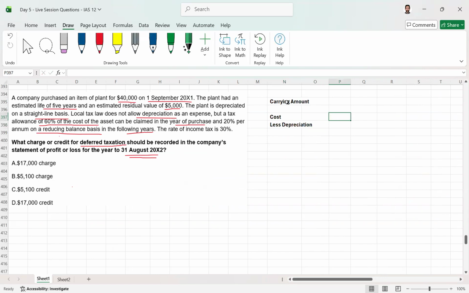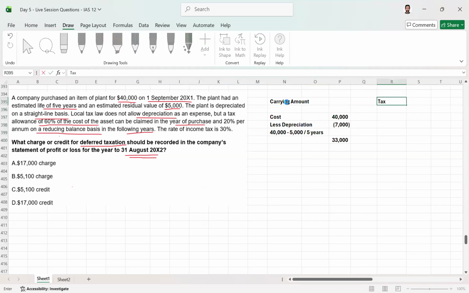We have some information for the depreciation: 40,000 less the 5,000 divided by 5 years. So we have 35,000 divided by 5, which is 7,000. If we take away the 7,000, we have the carrying amount as 33,000. That's the calculation of carrying amount.